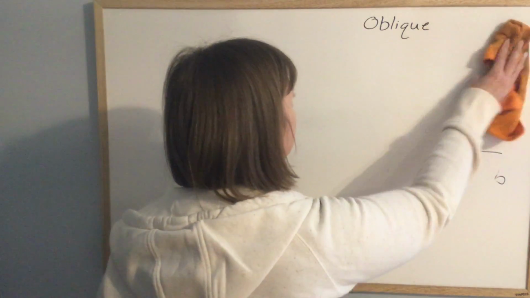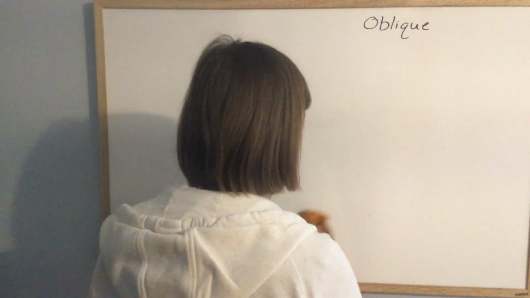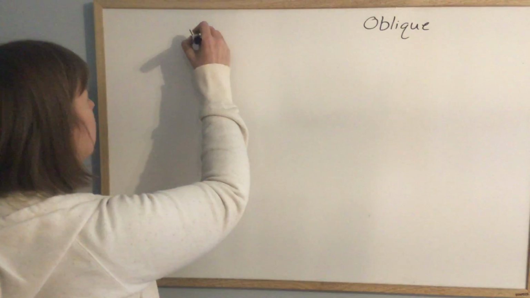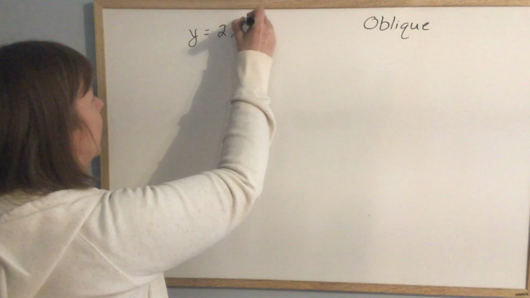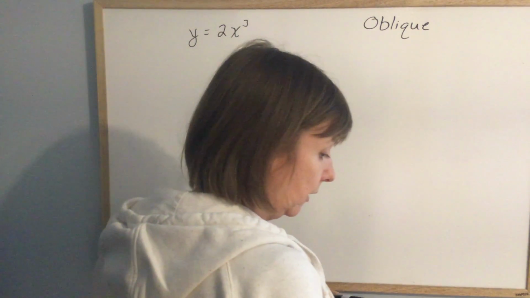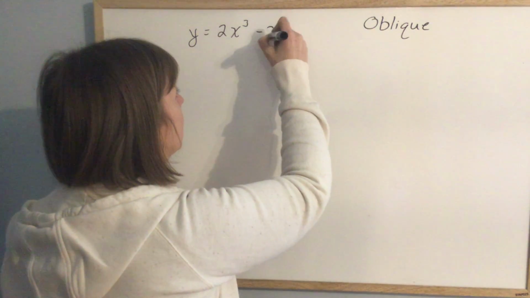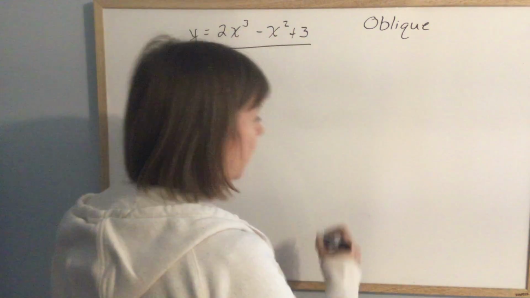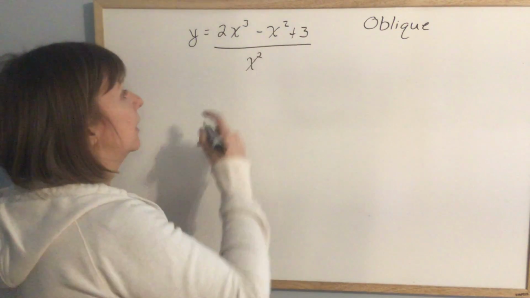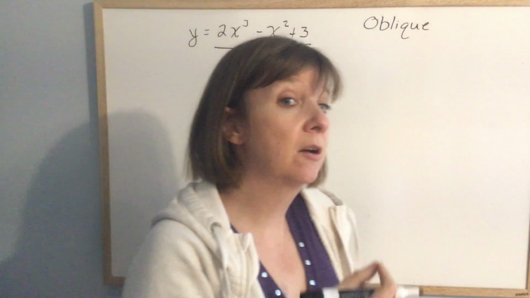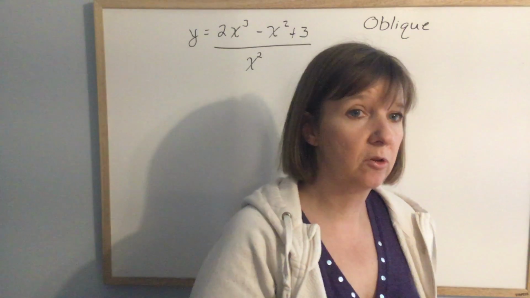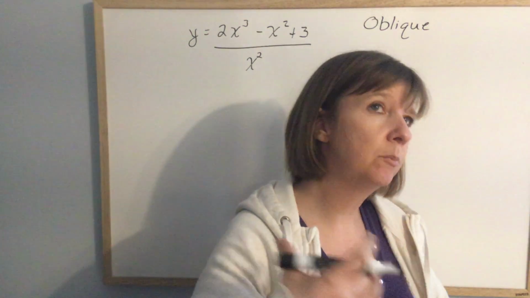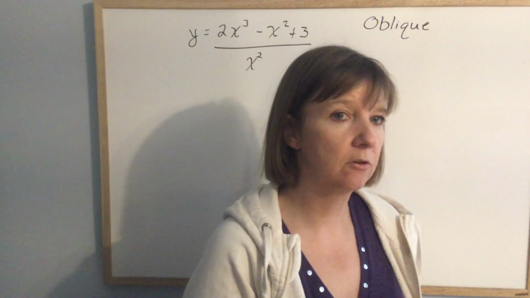So the equation that they give you is y is equal to (2x cubed minus x squared plus 3) all over x squared. Now, because there is a denominator, I know there's a vertical asymptote. It didn't ask me about this, but I'm going to talk about it anyway because I want you to be connecting everything together.